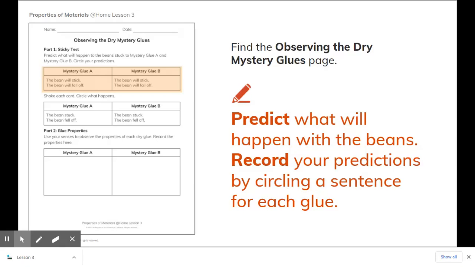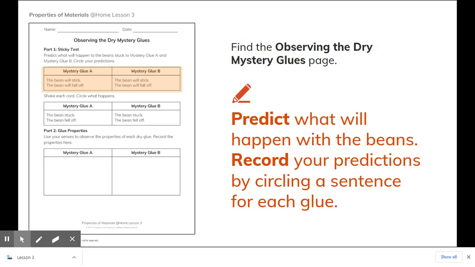Okay, boys and girls, while we're waiting for the glue to dry, I'm going to ask you to get out your Properties of Materials book at home. We're starting on page 9, and it looks like this. At the top, it says Observing the Dry Mystery Glues, and it says Part 1 Sticky Test.